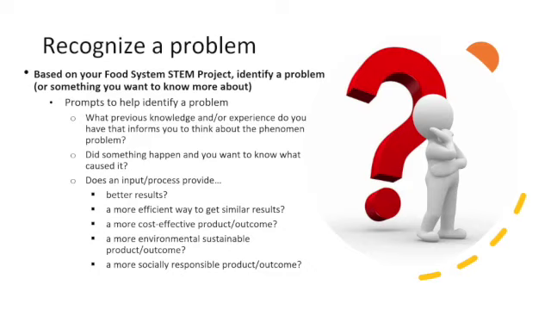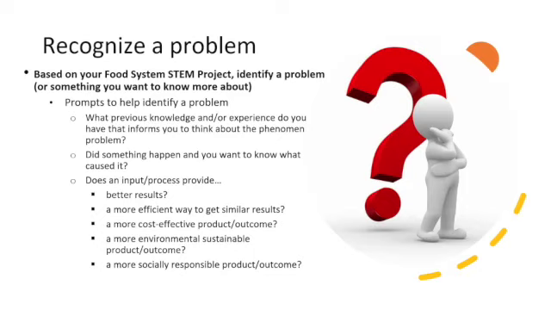Also, you can think about, did something happen as you were raising plants or growing your plants hydroponically, and you want to know more about what might have caused that. So in the example that we use, the plants were elongating, and we're going to think about what might have caused that. Some additional things to think about is, does an input or the way in which you raise the plants, in this particular example, provide better results?